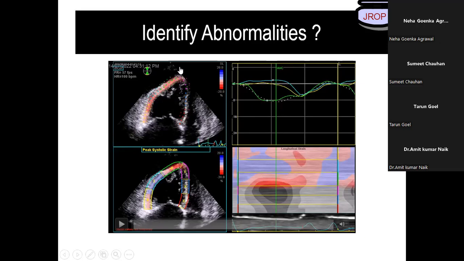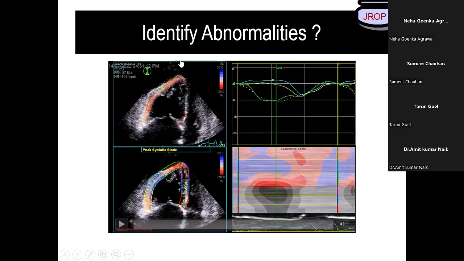And to a large extent, this is apical sparing, with mid and basal segments contracting less. You remember that phenomenon of apical sparing, with mid and basal segments being abnormal or reduced in contraction: McConnell's sign. This is a true depiction of McConnell's sign, although the apical part is also reduced in contraction.